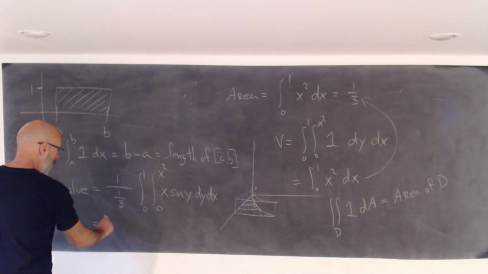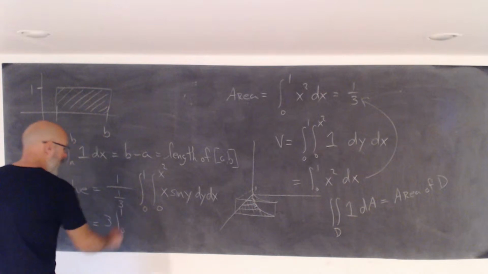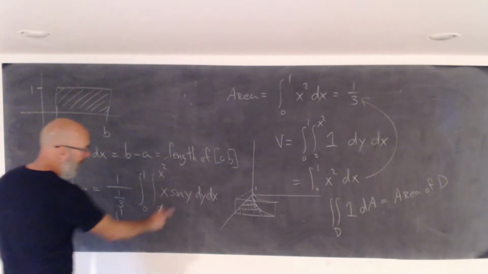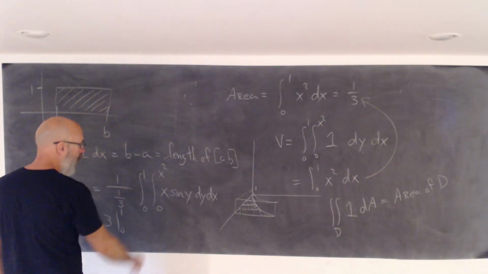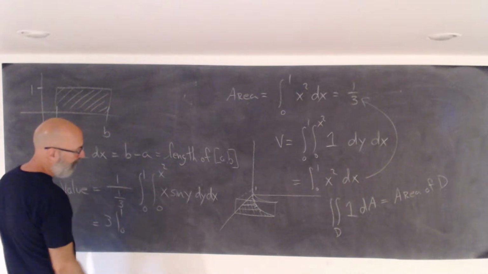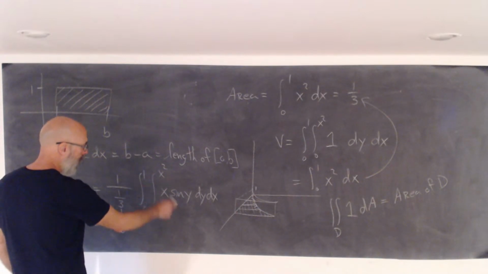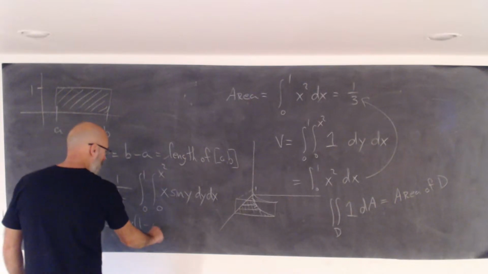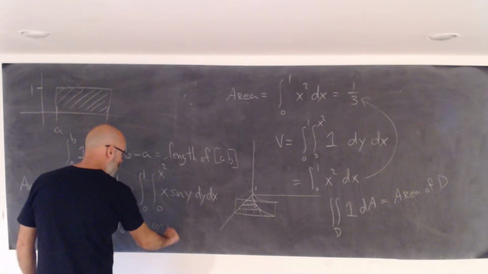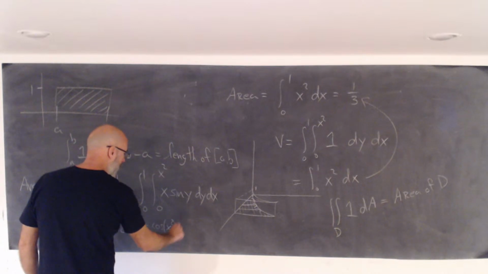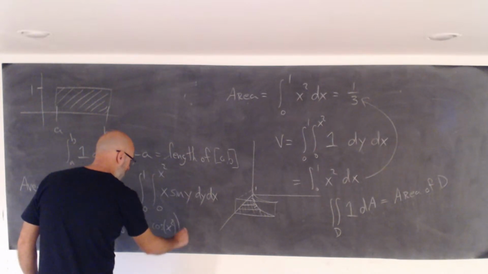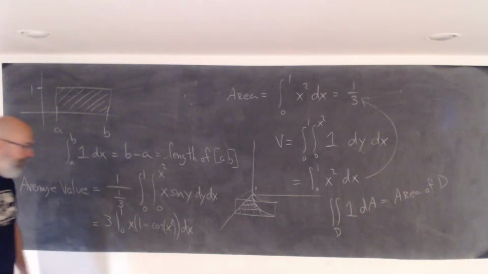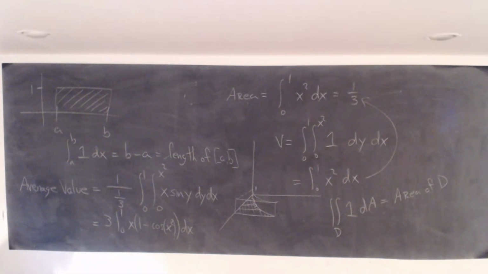So let's integrate. The integral is trivial here. The antiderivative of sine is negative cos. So you get x times 1 minus cos of x squared. Is that correct? Work that out.